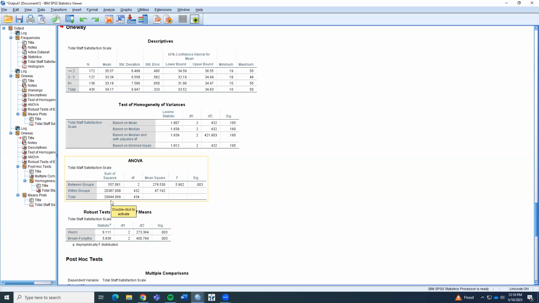So we divide 557.061 by the 20944.069, and that gives us 2.6598. And then we multiply that by 100 to get our percentage.